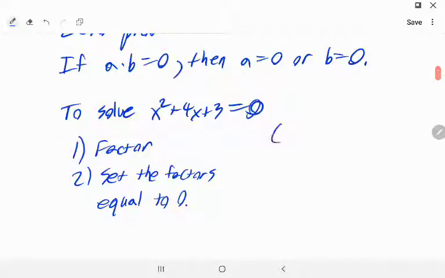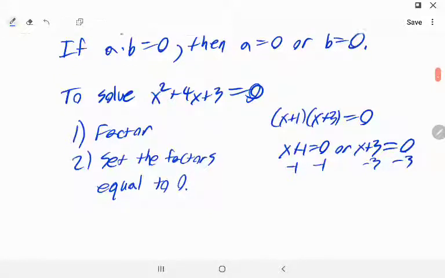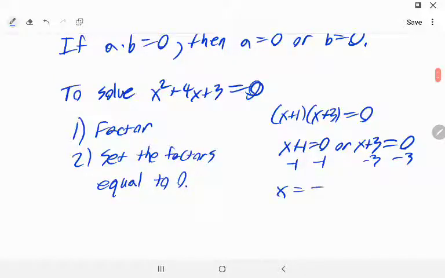We look at this as x plus 1 times x plus 3 equals 0. Then x plus 1 equals 0 or x plus 3 equals 0. We solve each individually, subtract 1 from both sides, subtract 3 from both sides, and find that x is negative 1 or negative 3.